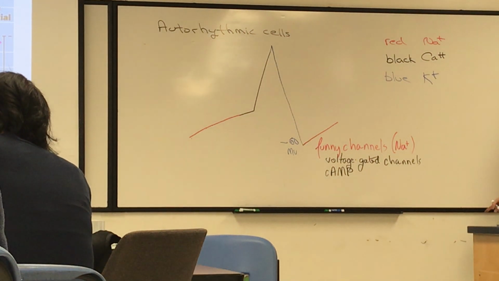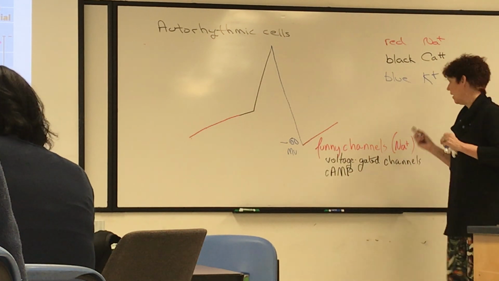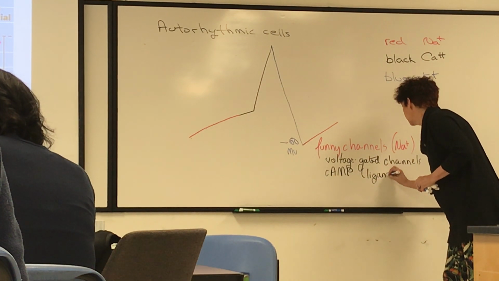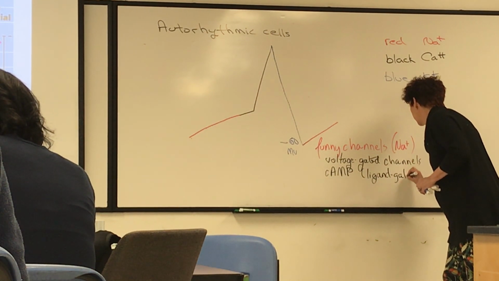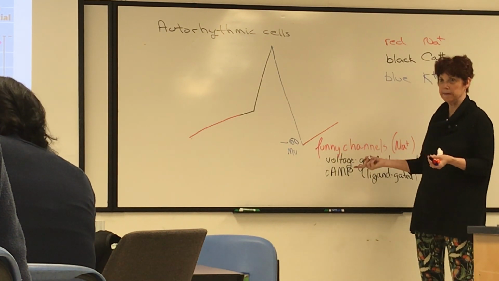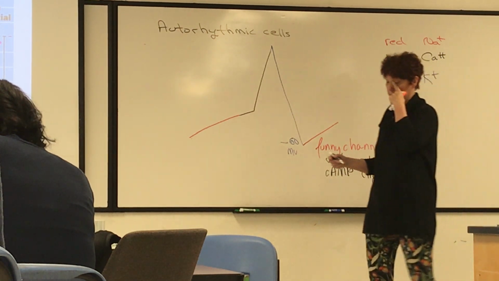So they're also ligand gated, but from chemicals on the inside of the cell instead of on the outside of the cell. Okay? What is the cAMP doing? It is binding to the funny channels and causing them to open, a little earlier than they might, but also just causing them to open.